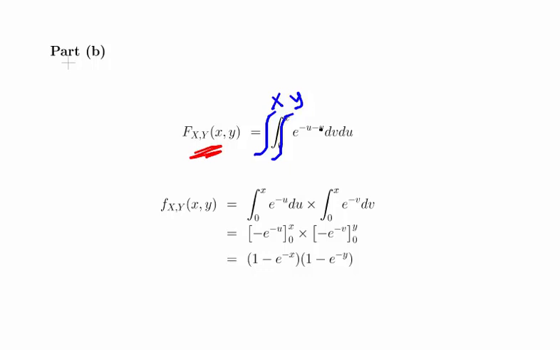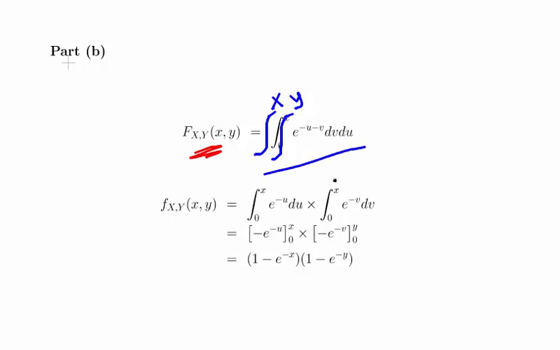So u corresponds to x and v corresponds to y. We don't want to use x and y inside the integrand, because when we put in the limits of integration, it will become an expression in x and y. So that's the point of using something other than x and y. Okay, so this is what we want to do here.